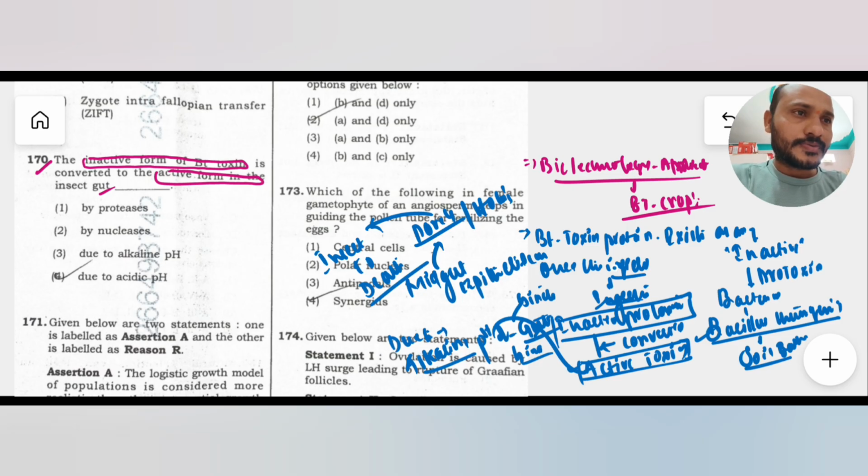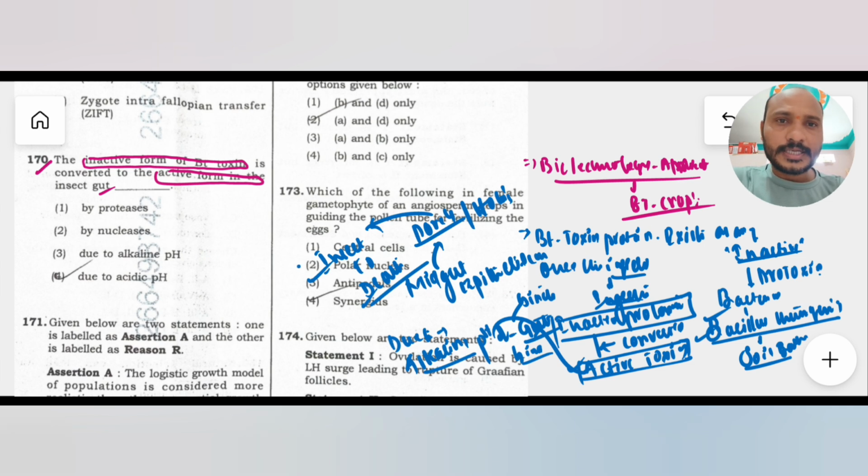So in Bacillus thuringiensis, the toxin is present in inactive form as protoxin. When the insect ingests it, due to the alkaline pH of the insect gut, the inactive protoxin is converted into the active form of Bt toxin, which binds to the epithelial cells of the midgut and creates pores, and due to the pores, the insect dies.